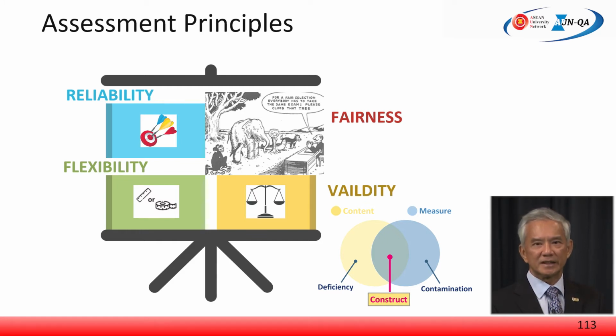The results need to also be valid. For a certain result to be valid means for it to be accurate in what it intends to measure. Remember the concepts of content, measure, and construct validity in Module 2, Criterion 1, Expected Learning Outcomes.